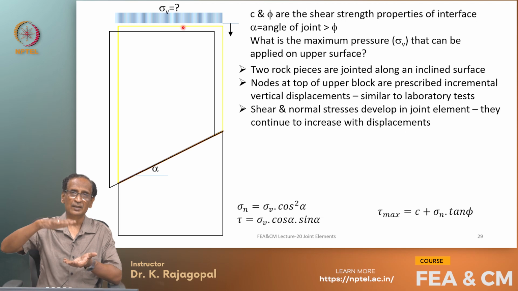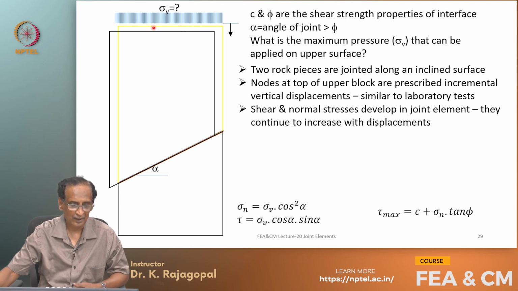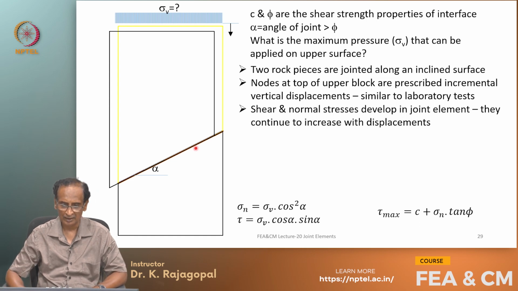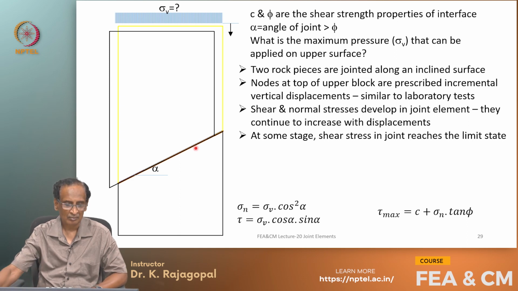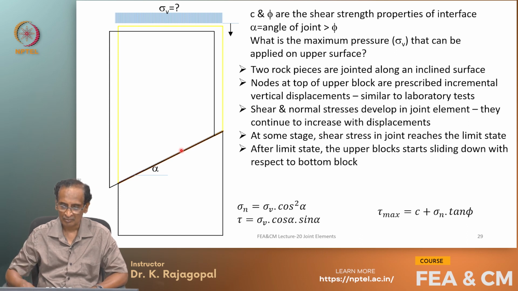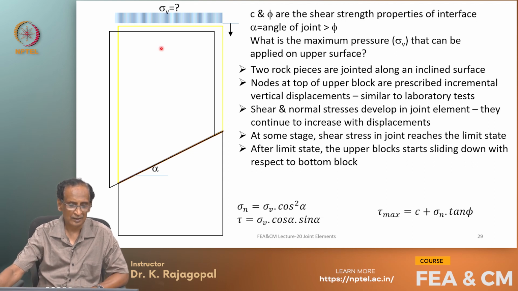And as we are moving the upper surface, the stresses will be transferred to the interface element, and then it will develop some normal stress and then the shear stress. They will continue to increase with the displacement. Then at some stage the shear stress on the interface might reach a limit state, right, and then after that the upper block will simply slide relative to the lower box.